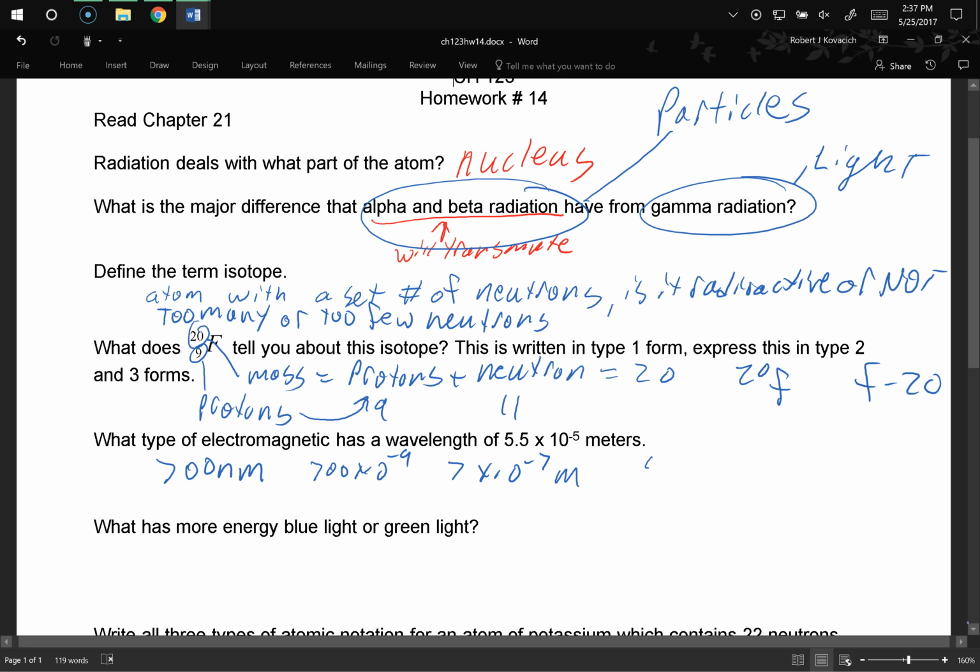And so then at 5, what would that be? If it was 10 to the negative 2, it would be 0.05 times 10 to the minus 7th. You okay with that? I just turned the 10 to the minus 5th into 10 to the minus 7th. So what I'm saying is these two things are pretty close to each other. They're off by about 2 orders of magnitude, and that sounds like infrared to me.